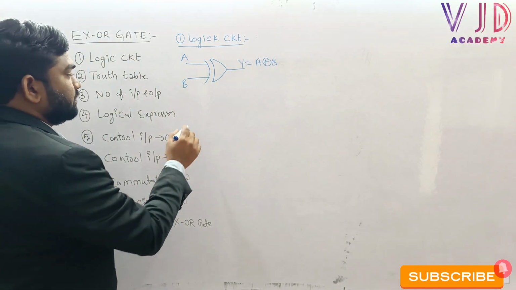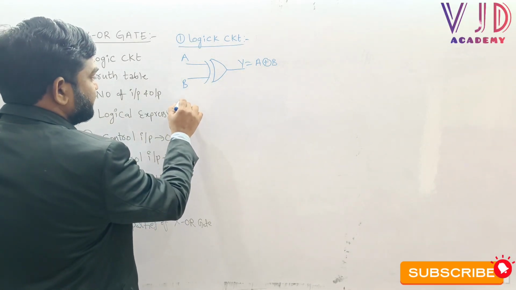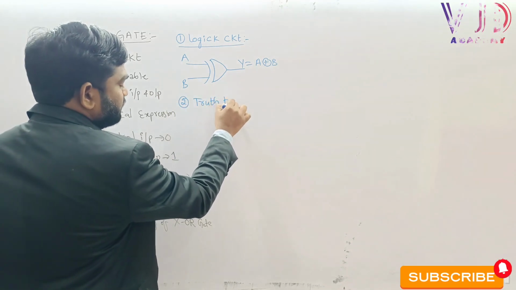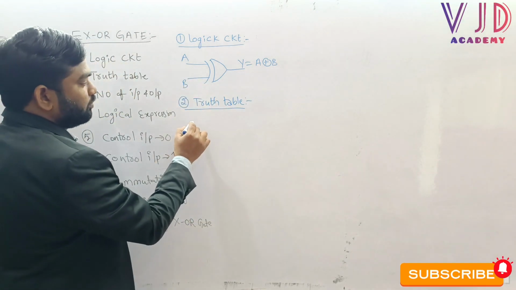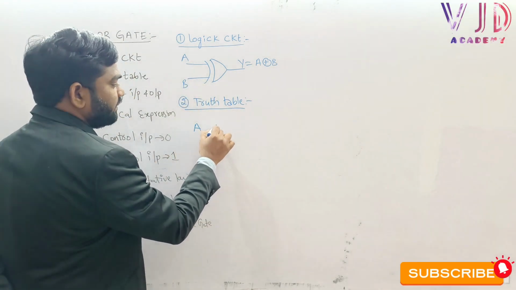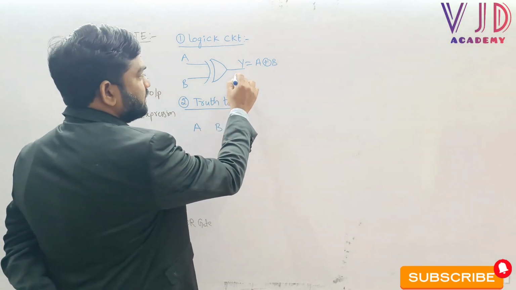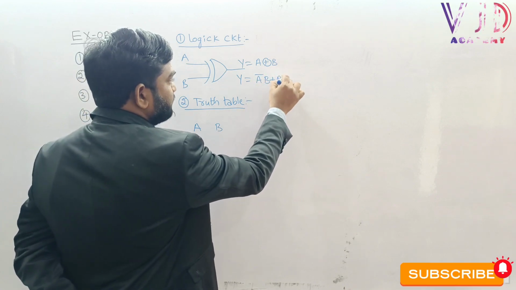And coming to the truth table, sir, for the truth table we have two inputs, which are A and B. Now here Y equal to A XOR B, I can write this as Y equal to A bar B plus A into B bar.